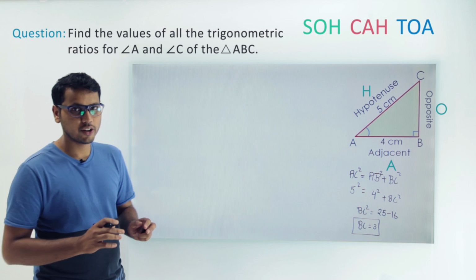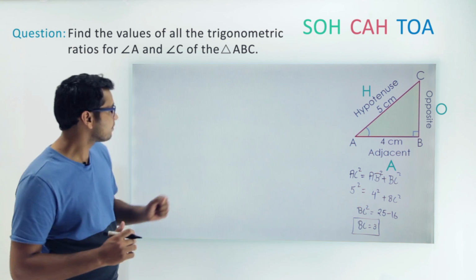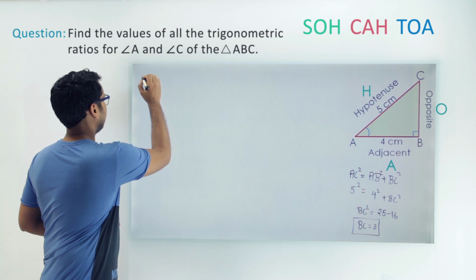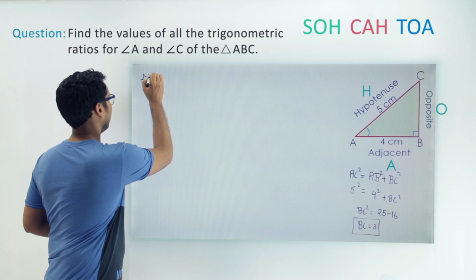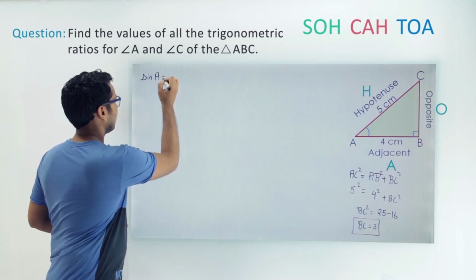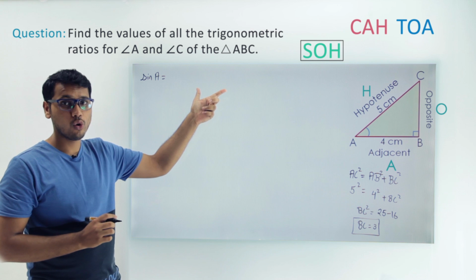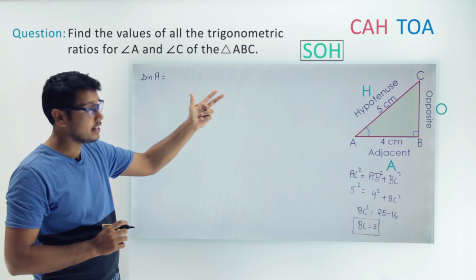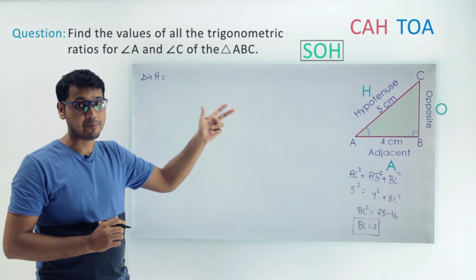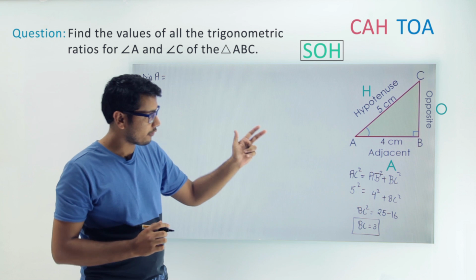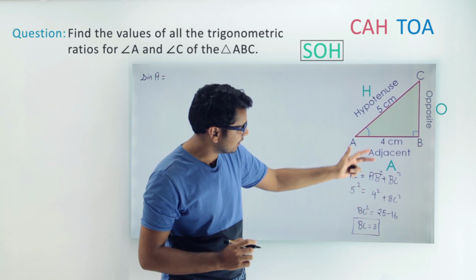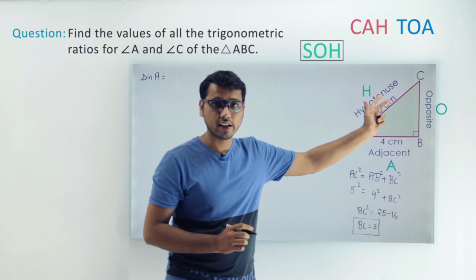Let's apply SOH CAH TOA in all the trigonometric functions. The first trigonometric function will be sine of angle A, and if we apply SOH CAH TOA, first is SOH, which says that sine is opposite upon hypotenuse. Now if we look at the figure, our opposite is BC and hypotenuse is AC.